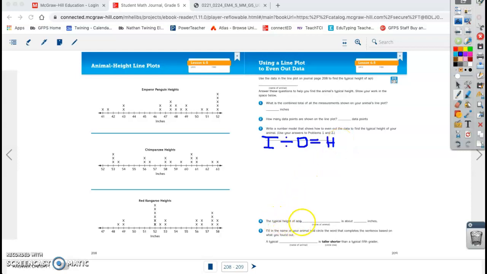Okay, so then you say the typical height of whatever animal you picked is about how many inches. Okay, so once you divide all of it, you're going to find about how many inches it is. And so your answer H right here, that'll go down here. Whatever that answer is what you're also going to add here.